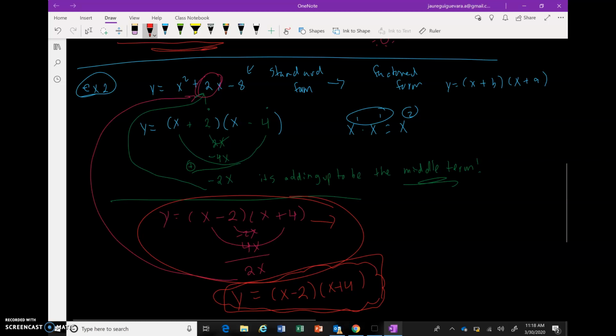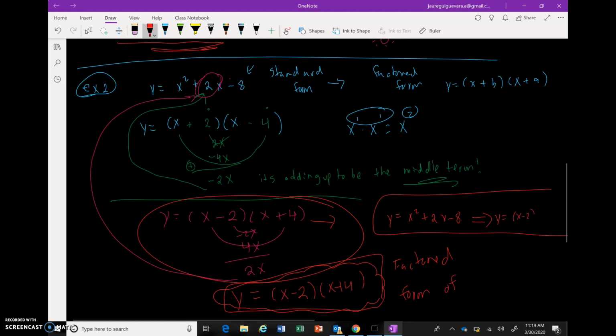So this is the factored form of this. Again, to recap, it went from y is equal to x squared plus 2x minus 8, which was standard form, to y is equal to x minus 2 times x plus 4, and it became factored form.